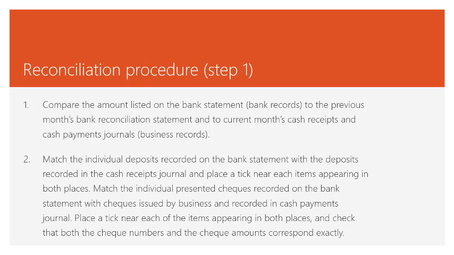Then match this also with regard to checks or withdrawals made. Put a tick near those items that appear in both places, and check whether those check numbers are correct with the corresponding check amounts.